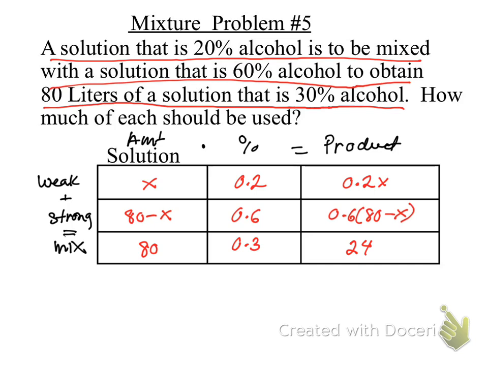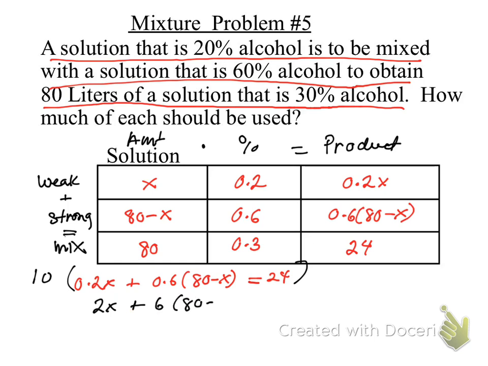Okay, and now my equation is 0.2x plus 0.6 times 80 minus x equals 24. I'm now multiplying by 10, and I get 2x plus 6 times 80 minus x equals 240. I am distributing: 2x plus 480 minus 6x equals 240.